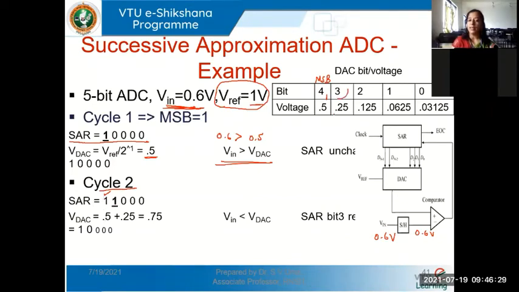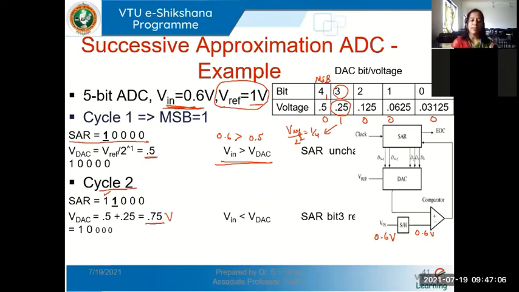If bit 3 is high, if the value is 0, 1, 0, 0, the corresponding output value will be Vref by 2 square or Vref by 4. How much is 1 by 4? 1 by 4 corresponds to 0.25 volts. So when this bit is high, the value of the analog converted voltage is 0.25. When the MSB was high, the output voltage analog value was 0.5. When both are high, it will be 0.5 plus 0.25, or 0.75 volts. Are you following this?